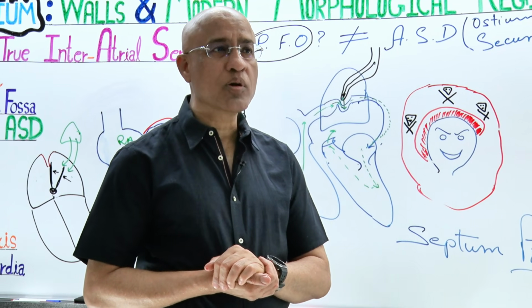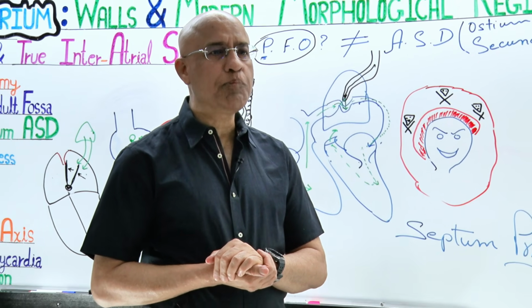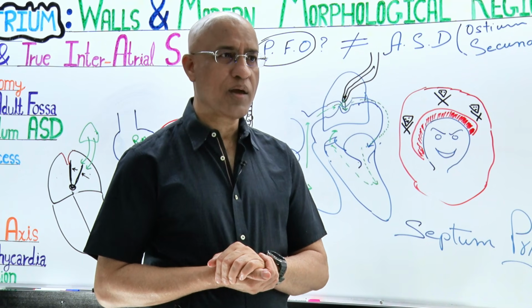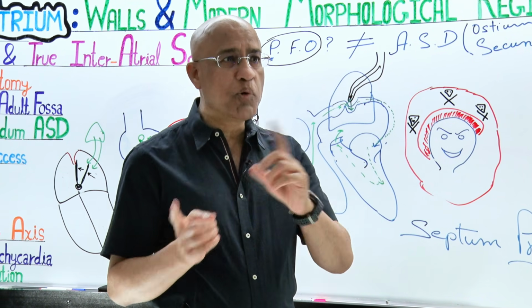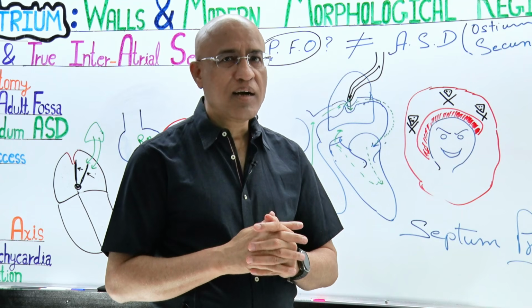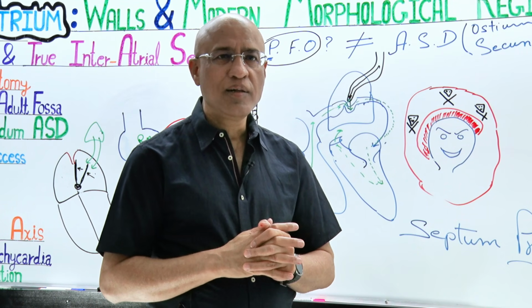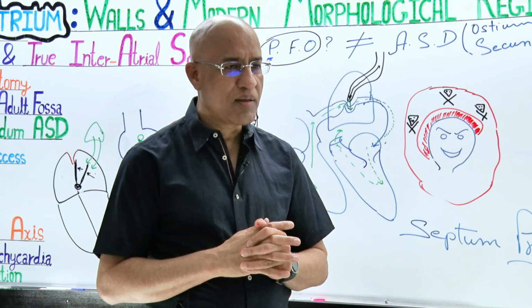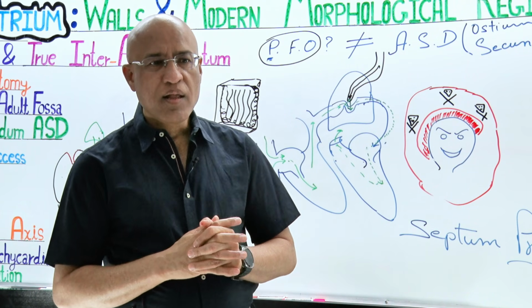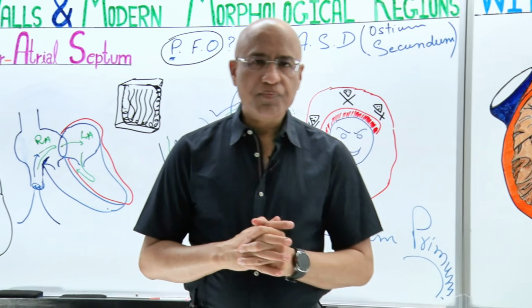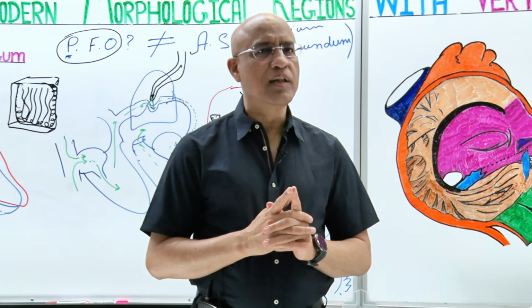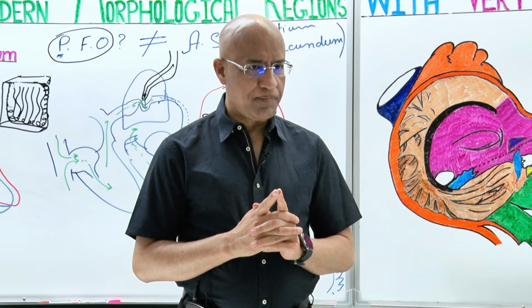And this stroke is called cryptogenic stroke. And this thromboembolism is called, yes, paradoxical thromboembolism. Let me define it. Wow. What is paradoxical thromboembolism?